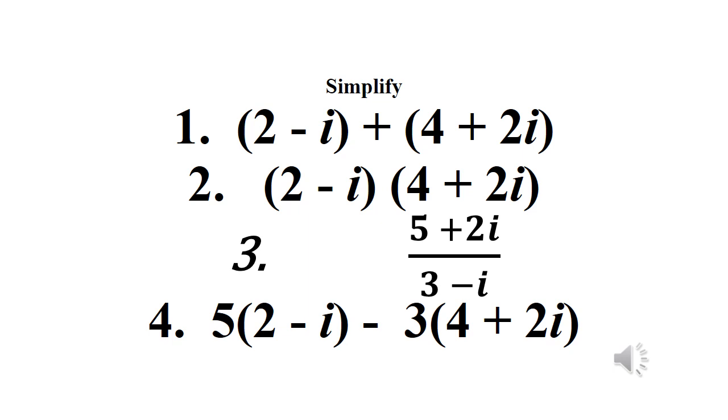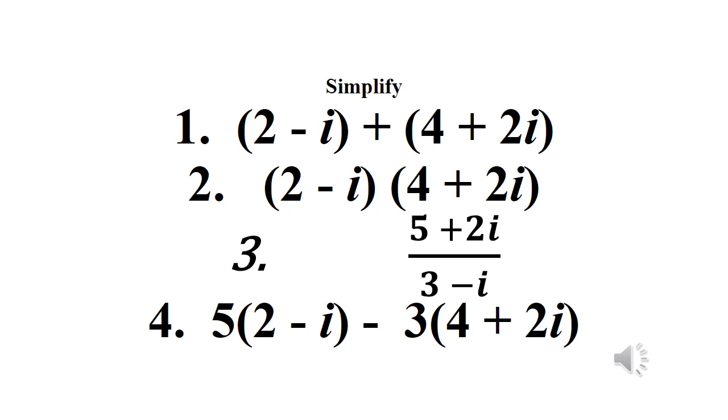So for our next class, we are going to be considering 4 exercises, 4 questions. The preamble is: simplify the following. The first question says open bracket 2 minus i close bracket plus open bracket 4 plus 2i close bracket.